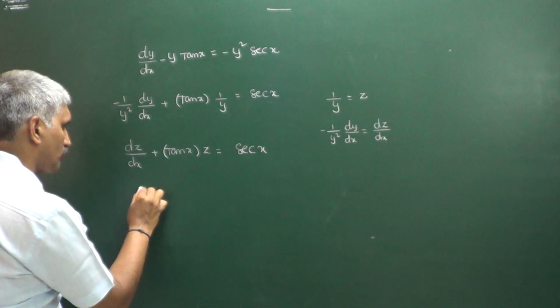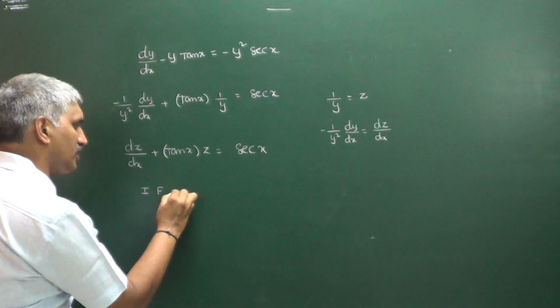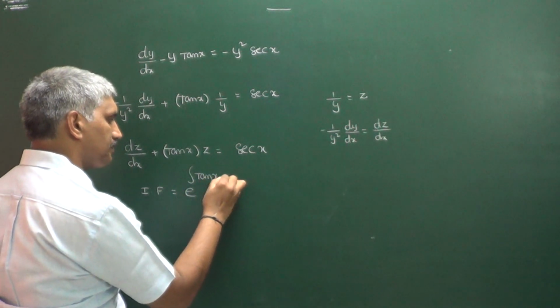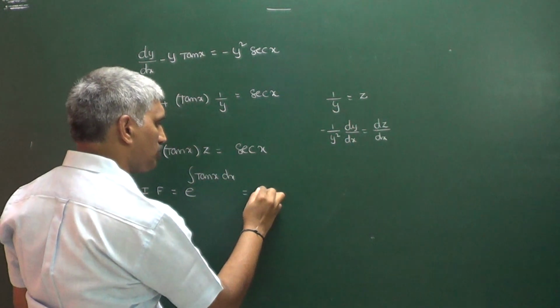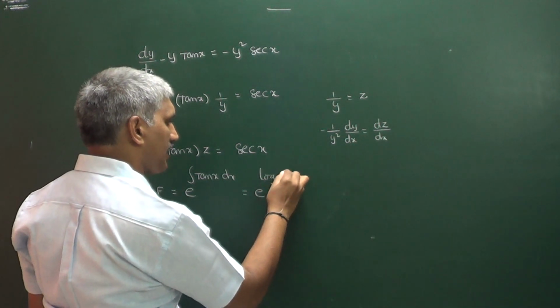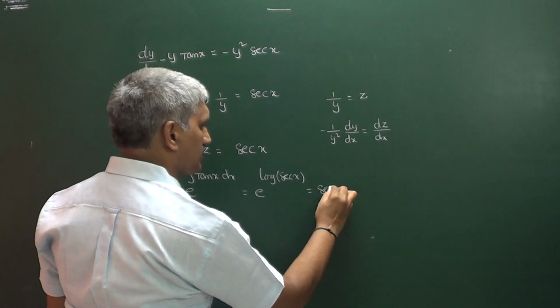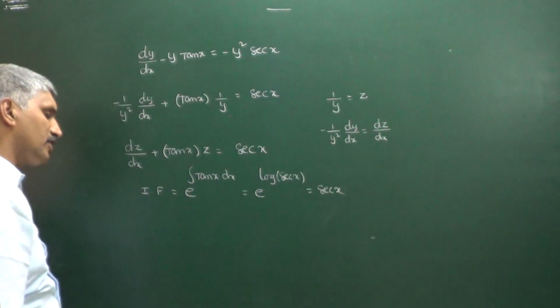Now you know how to find the integrating factor for the linear differential equation: e power integral tan x, that is e to the power of log of secant x, which we can write as secant x. That is the integrating factor we got.